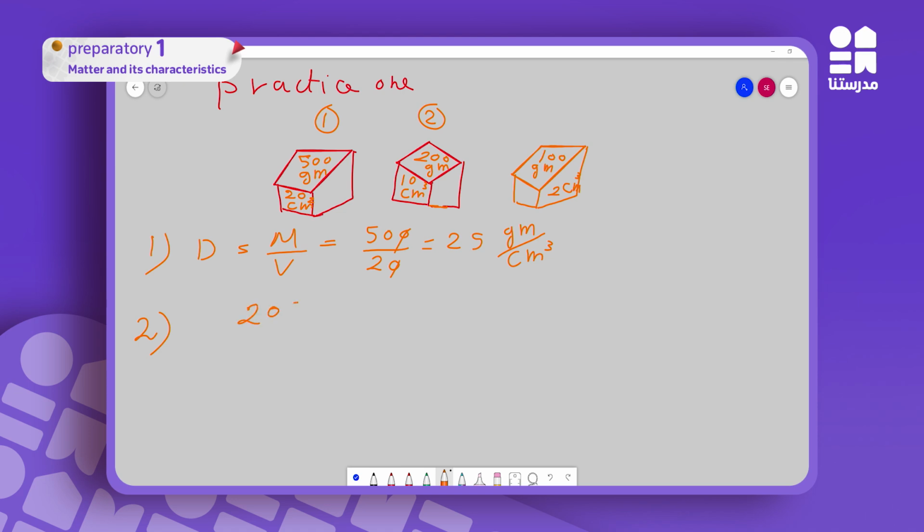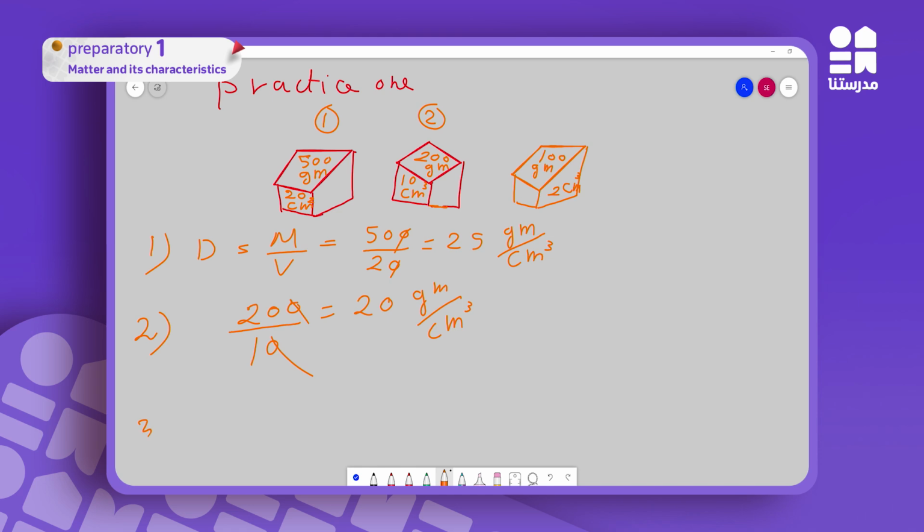I have here 200 gram, which is what the mass, over 10 cubic centimeter. 20 over 1 means 20 what gram per cubic centimeter.